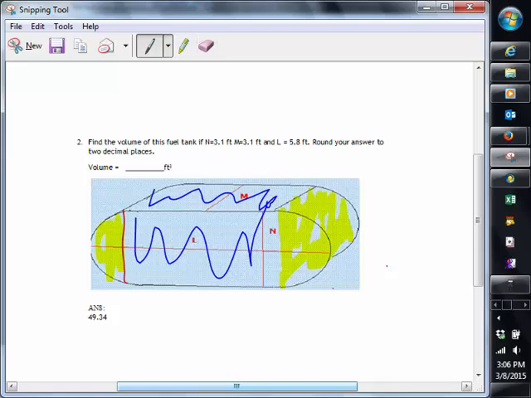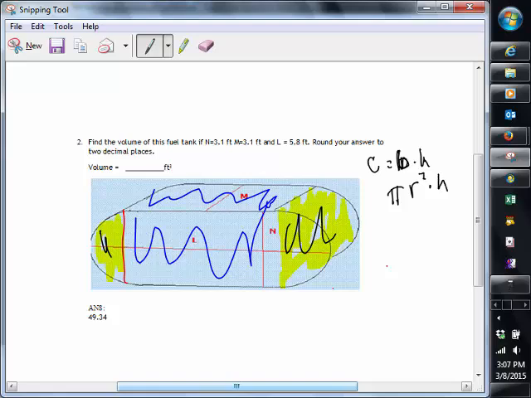So this part here. So cylinder, remember, is base times height, but the base is pi, that's a B, times r squared, and then times the height.